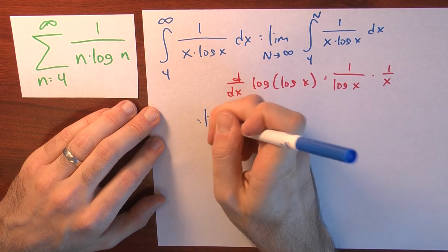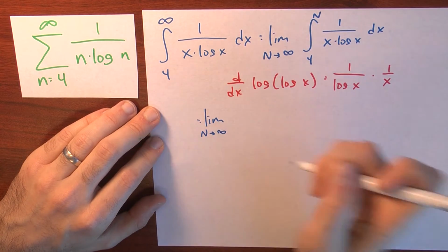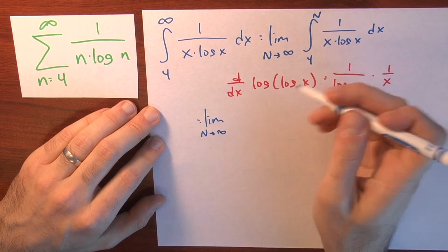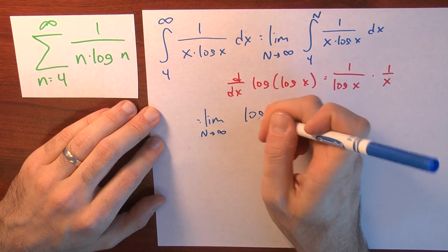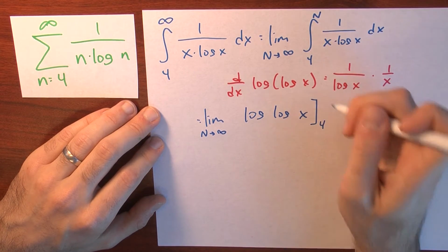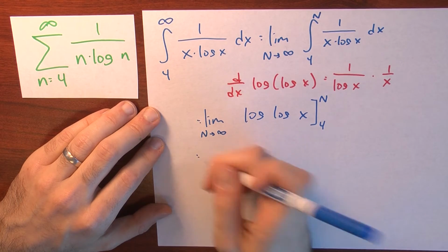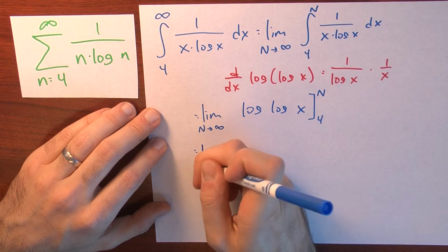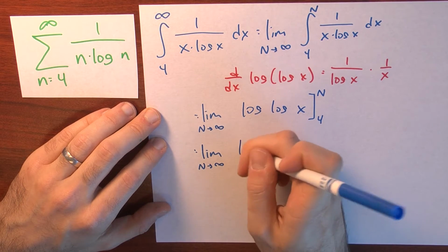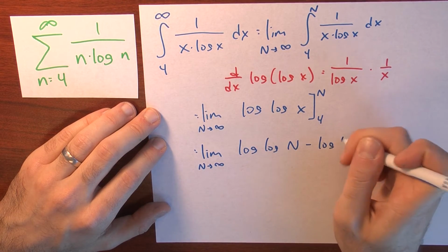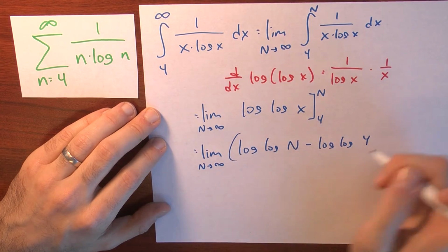So this is the limit as N approaches infinity of, well, what is this? This is telling me an antiderivative, log log x, evaluated at 4 and N. And then I could plug in N and plug in 4 and take the difference. This is the limit, N goes to infinity, of log log N minus log log 4.